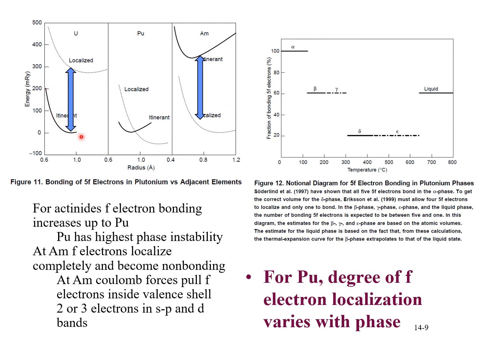As we would see here, we have the largest amount of itinerant behavior. Right, so the f electrons are involved in bonding. We get a decrease as we go down. The least dense phases have the lowest amount of f electron contribution in the metal bonding, and we actually go up when we hit the liquid phase.